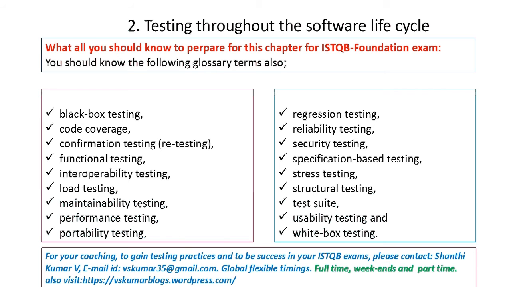And specification based testing, you have different specifications at requirement stage, design stage, and all those need to be considered under specifications, and those specifications need to be tested under the integration phase, system test phase, and UAT phase also. Stress testing, let us say you have defined database connectivity for 100 users.